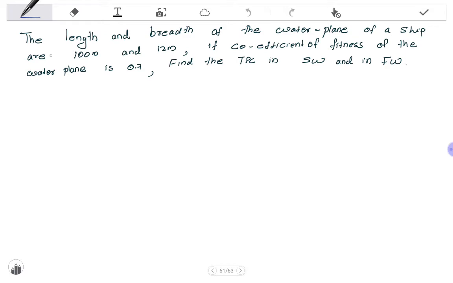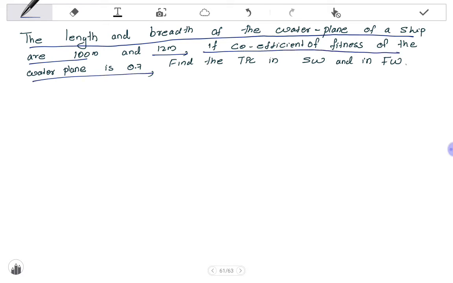The length and breadth of the water plane of a ship are 100 and 12 meters. If the water plane coefficient is 0.7, find the TPC in salt water and fresh water. The water plane coefficient formula is water plane area divided by length into breadth.